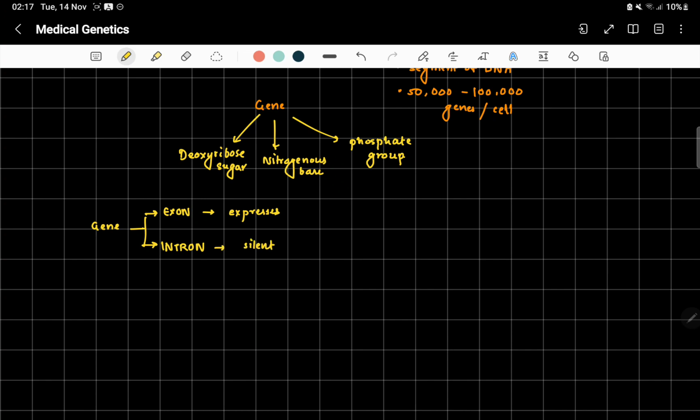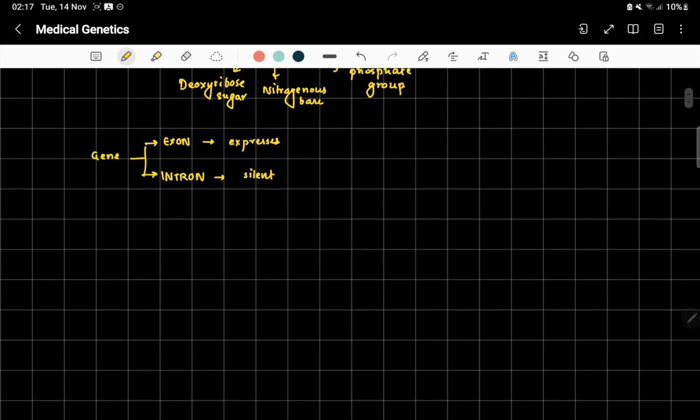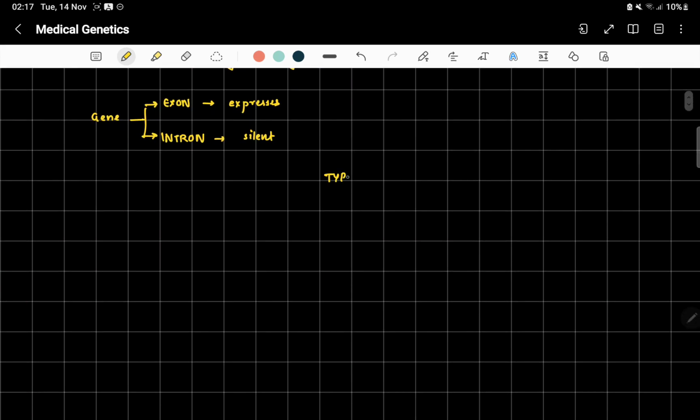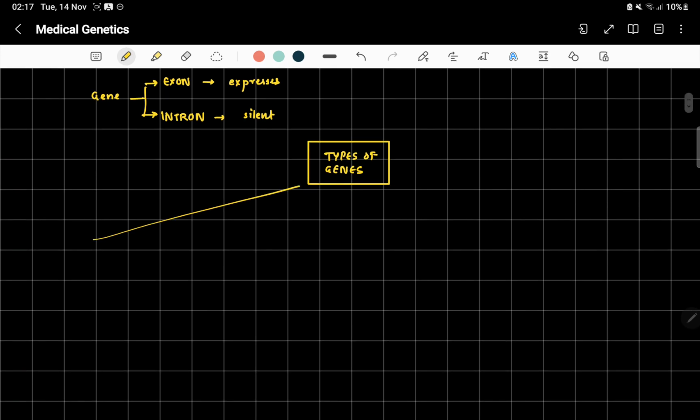Then there are types of genes. There are regulatory genes. Then there are structural genes.